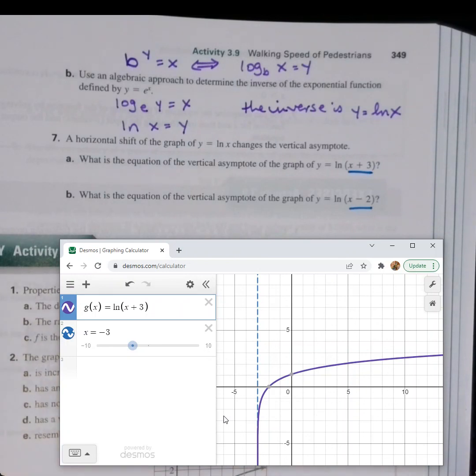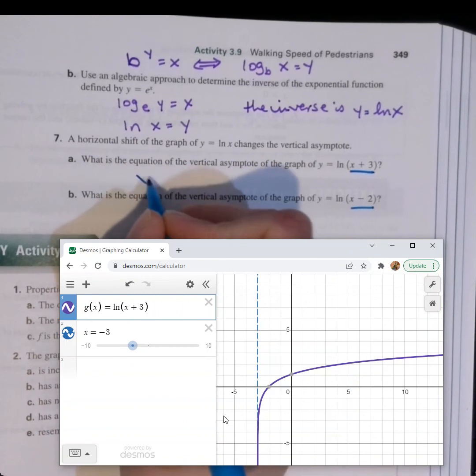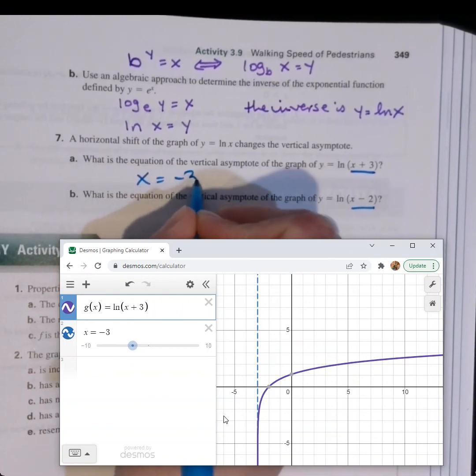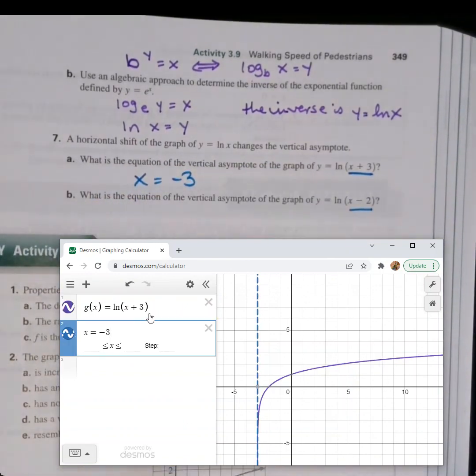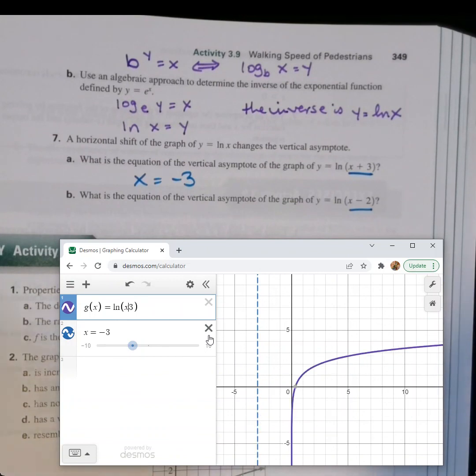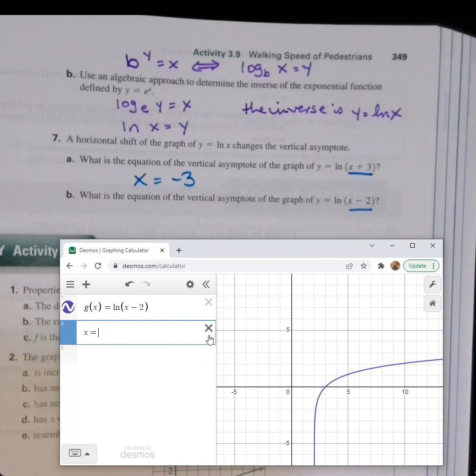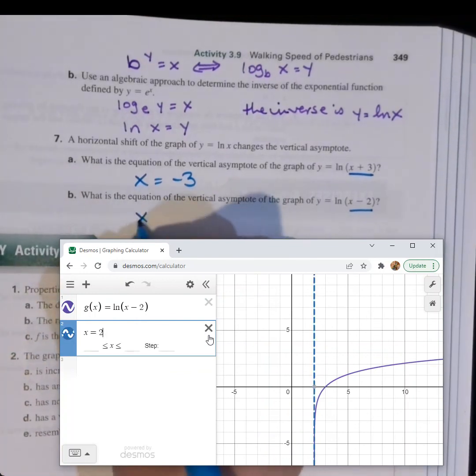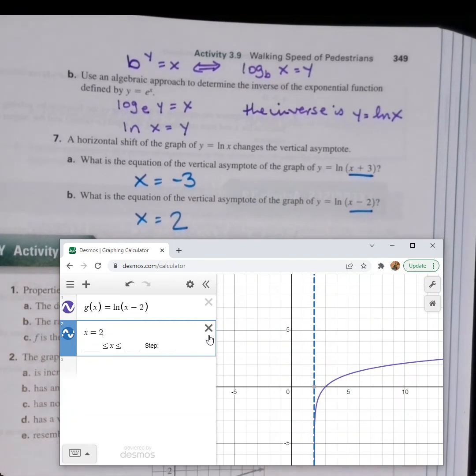So the vertical asymptote's equation is going to be x equals negative 3 here. And if I change it to an x minus 2 inside the parentheses, now I got shifted to the right 2. And so now I will have x equals positive 2 as the vertical asymptote.